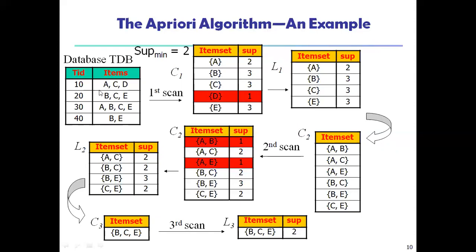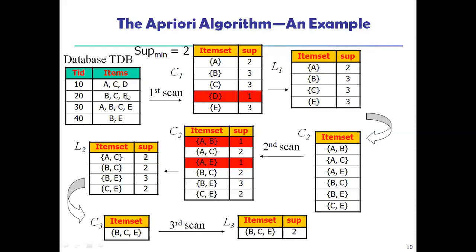Then the next in alphabetical order is C. C has happened in transaction 10, in transaction 20, and in transaction 30. So 1, 2, 3. Three times it has existed. So C is equal to 3. Now the next alphabet is D. D has occurred in transaction 10.